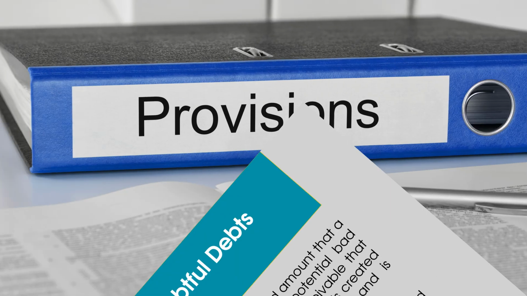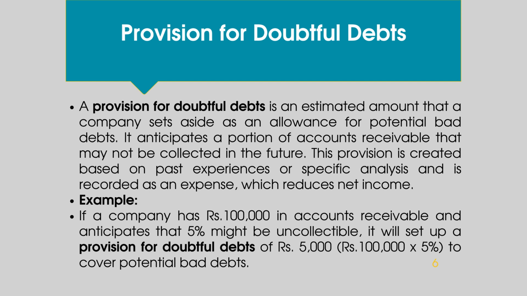Provision for doubtful debts. A provision for doubtful debt is an estimated amount that a company sets aside as an allowance for potential bad debt. It anticipates a portion of accounts receivable that may not be collected in the future. This provision is created based on past experience or specific analysis and is recorded as an expense, which reduces net income.